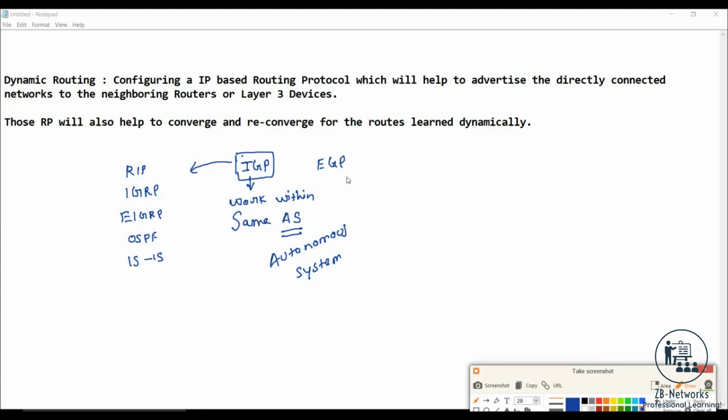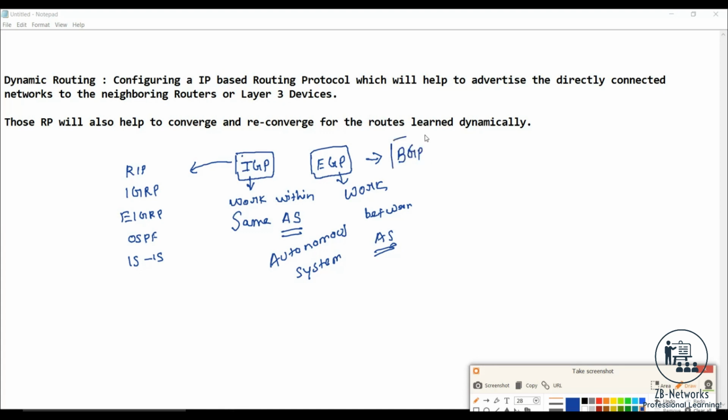In EGP, I mean, the protocol that is part of EGP is generally made to work between the AS, where AS stands for autonomous system. Now, what is autonomous system? I'll talk about it. Hold on. But under EGP, under exterior gateway protocol classification, you have only one protocol, which is called BGP.